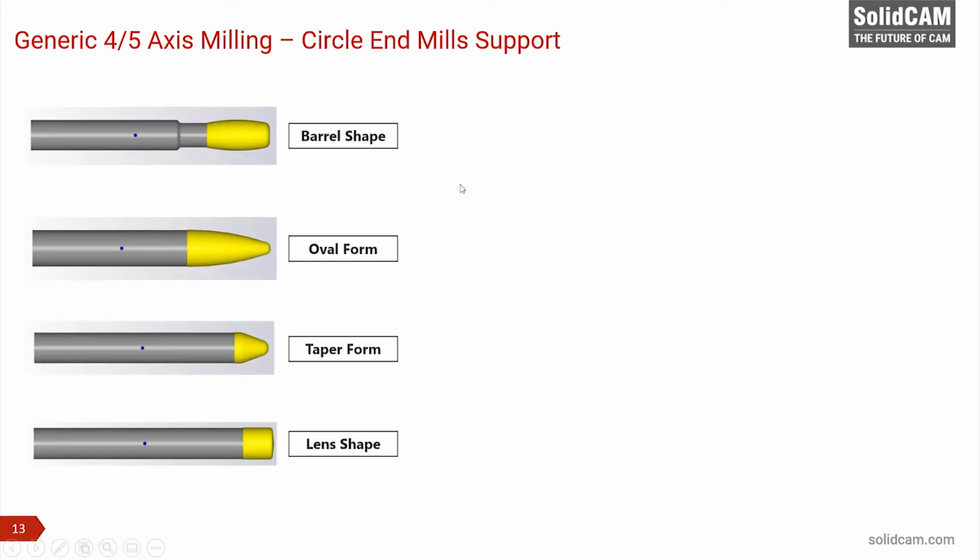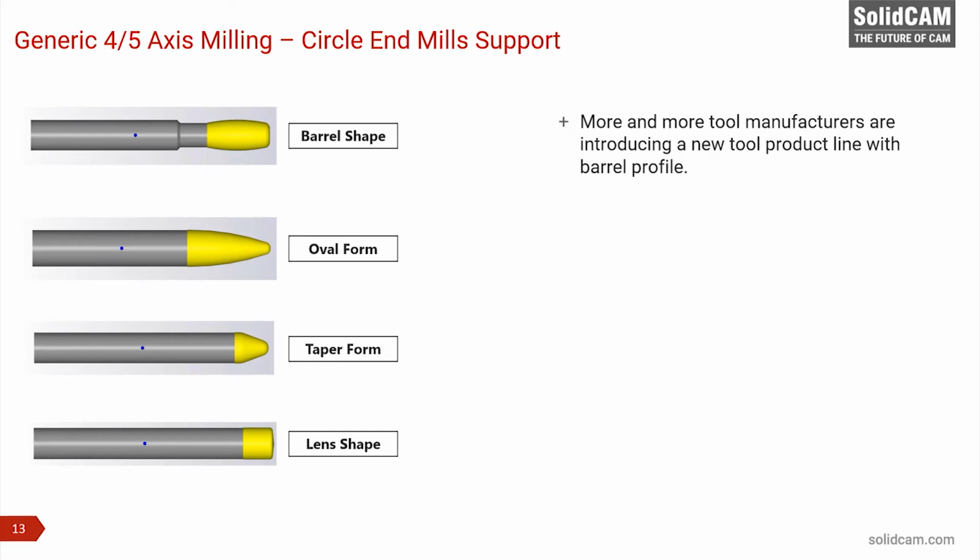So we have the next one, which is the circle end mill support. I already showed you some parts in SolidCAM's generic using the circle end mills, but I would also like to show you some automated stuff. So we have the supports for barrel tools, oval form tools, taper form tools, and lens form tools.